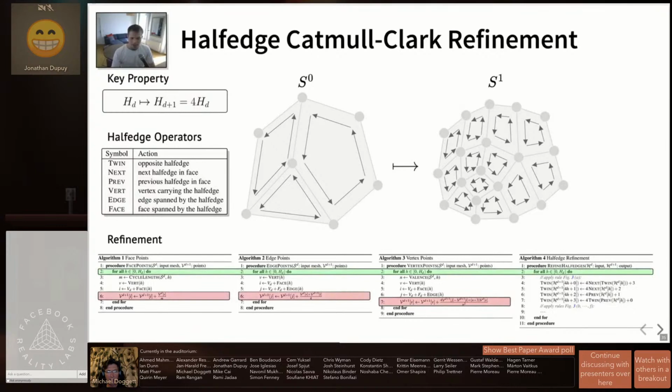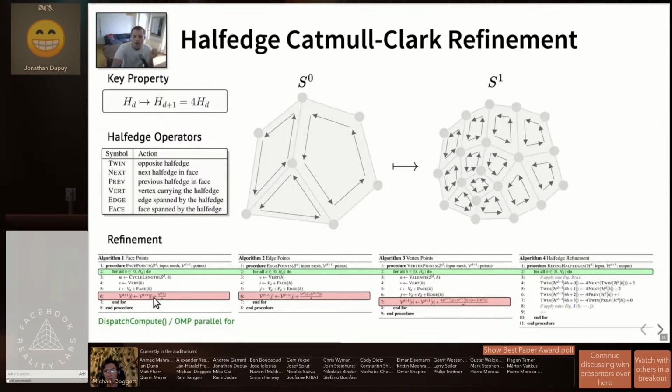So a nice property is that each step consists actually of a for loop over all of the half edges. And for the vertex points, so the face, edge, and vertex points, we are simply scattering information from half edges in the half edge buffer to the vertex buffer. So it turns out that this is really trivial to parallelize.